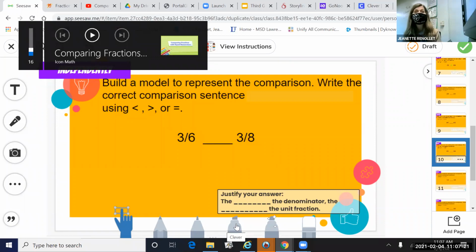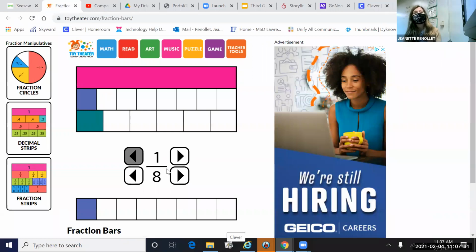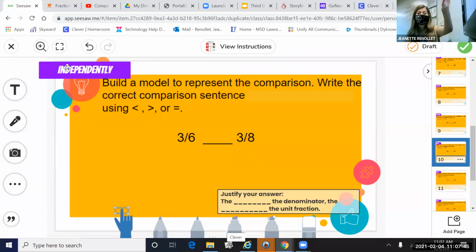Okay, your independent math time today. You need to start on slide number 10. That's where it says independently. You are going to use our tool. You're going to build fractions and represent them. I would like for you to try to take a screenshot of your model, take a picture of your model to put it on your Seesaw page.